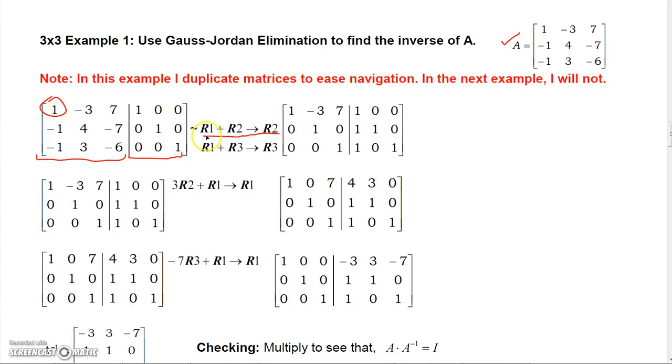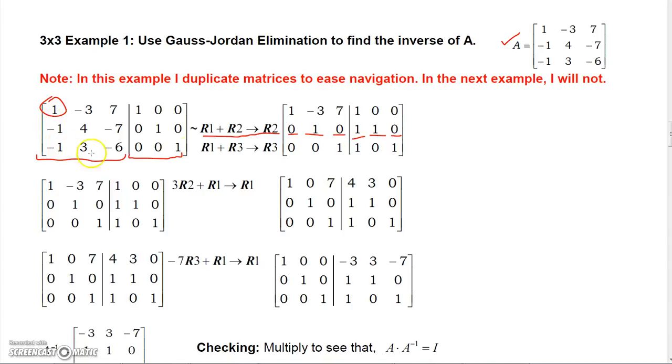1 plus negative 1 is 0. Negative 3 plus 4 is 1. 7 plus negative 7 is 0. 1 plus 0 is 1, 0 plus 1 is 1, and 0 plus 0 is 0. And then to eliminate the negative 1 in row 3, I can do the same operation, except I add row 1 to row 3.